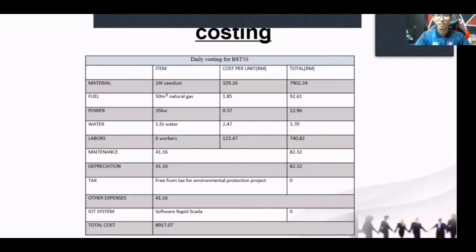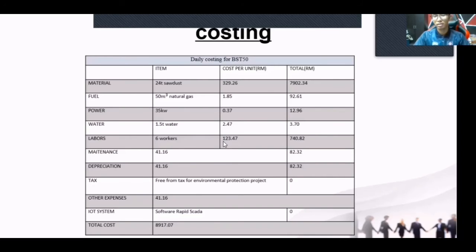Alright, my name is Omar Haifan Najmi and I will proceed with the costing and forecast. So for the first, this is the daily costing for BST. This is the material. The total for material that we need is 7,902 ringgit and 34 cent, and for the fuel we got 62 ringgit and 91 cent, and for the power the total is 12 ringgit and 69 cent, and for the water the total is 3 ringgit and 70 cent, and for the labor we need 6 workers here.